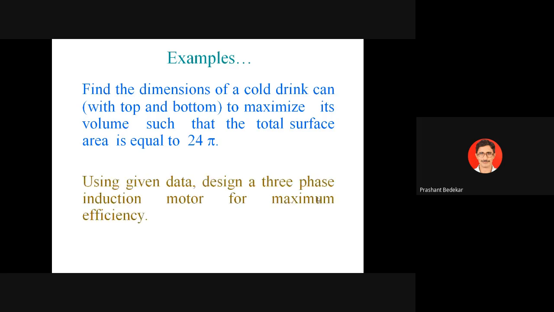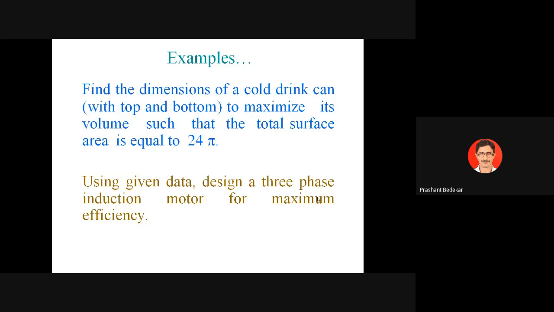Using the given data, design a three-phase induction motor for maximum efficiency. Those who have taught electrical machine design must have come across this. The aim is to design a three-phase induction motor, but the objective may be different. The objective is to maximize the efficiency.